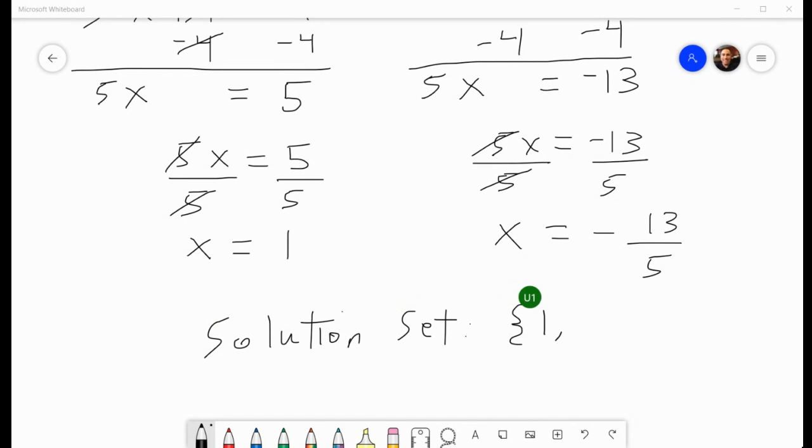You have 1, comma, negative 13 over 5, like so. Okay? You could just list them between curly braces. Any questions on that?